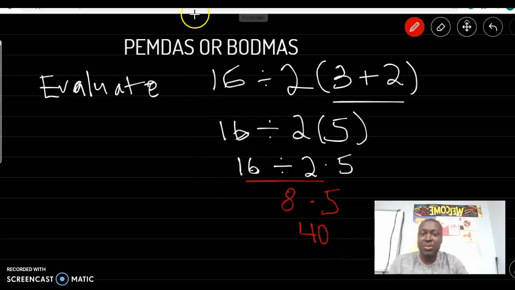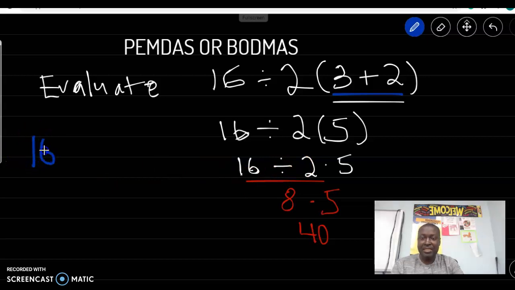Now let's use BODMAS to see if we arrive at the same answer. Using BODMAS, we have to do the bracket first.